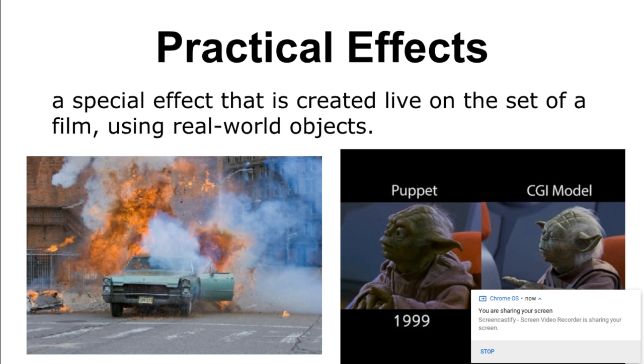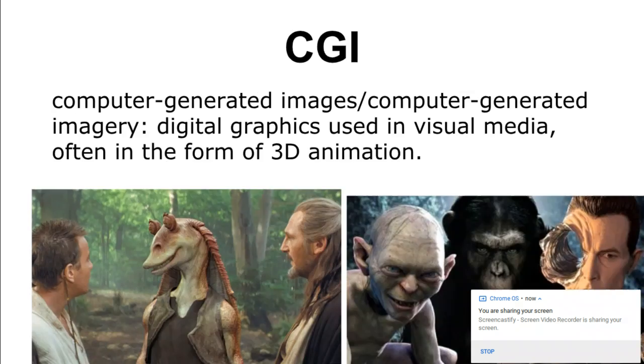They even in the prequels originally used a puppet in Episode 1, and then in later releases of that same film on DVD, they changed it to CGI, and they did the computer graphics on top of it. So, practical effect, any real life physical effect that would be used in a movie.